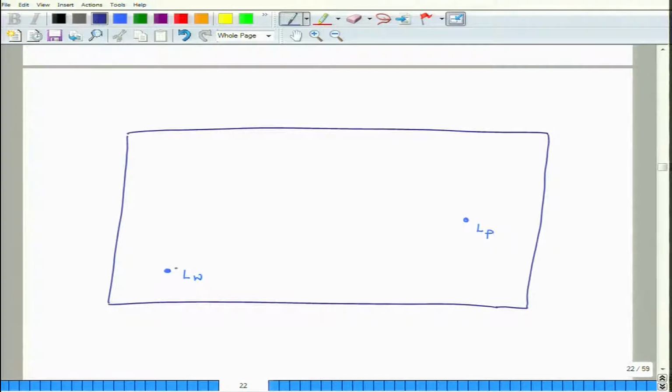Suppose this distance is R, then LP is equal to LW plus 10 log 10 of 4 by room constant plus Q by 4 pi R square plus 0.1, right. This is the relation we have discussed till so far.